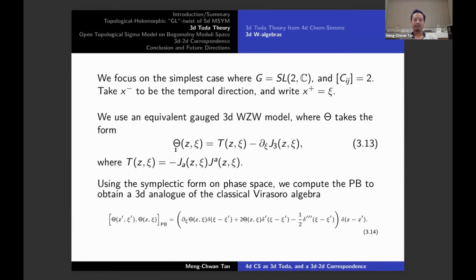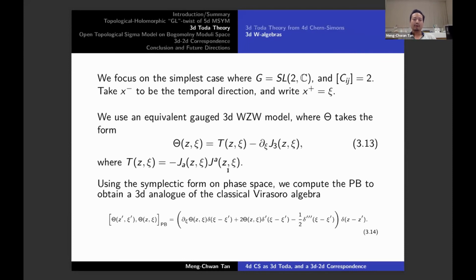So we can rewrite theta as T minus del J. This part comes about because you're gauging it. If you look at this T, it looks like a regular stress tensor of the WZW model, which comes from a Sugawara construction of stress tensors, or high spin stress tensors that come from just contracting the currents.